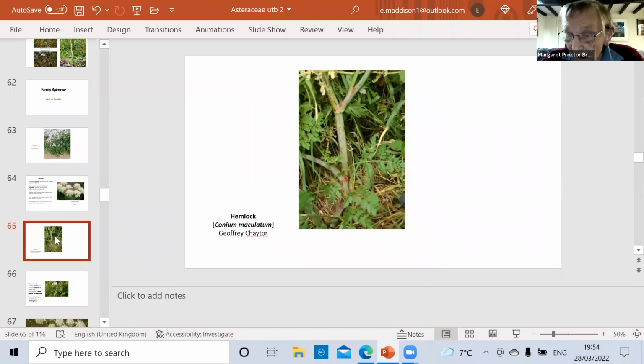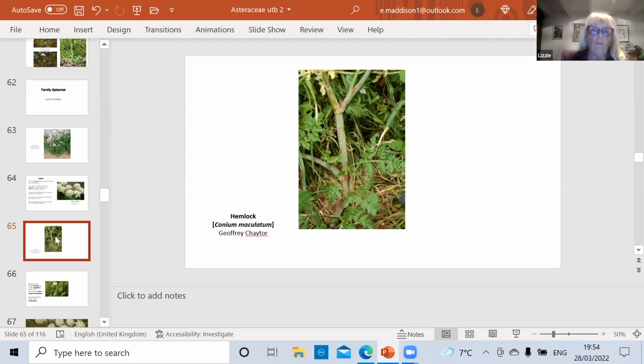Hedge parsley. Hemlock has got a smooth stem without hairs, a glabrous smooth stem with purple blotches. Hogweed has got a ribbed stem which I think is very shortly hairy, but doesn't have any purple on it.